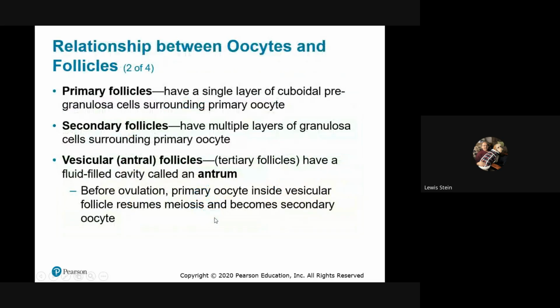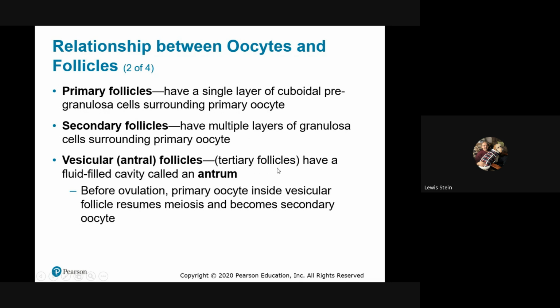There's a variety of slides that they have there. There are a number of primary follicles, but one is selected to proceed to ovulation. How that occurs is not clear. Why it occurs for that one follicle is not necessarily clear.